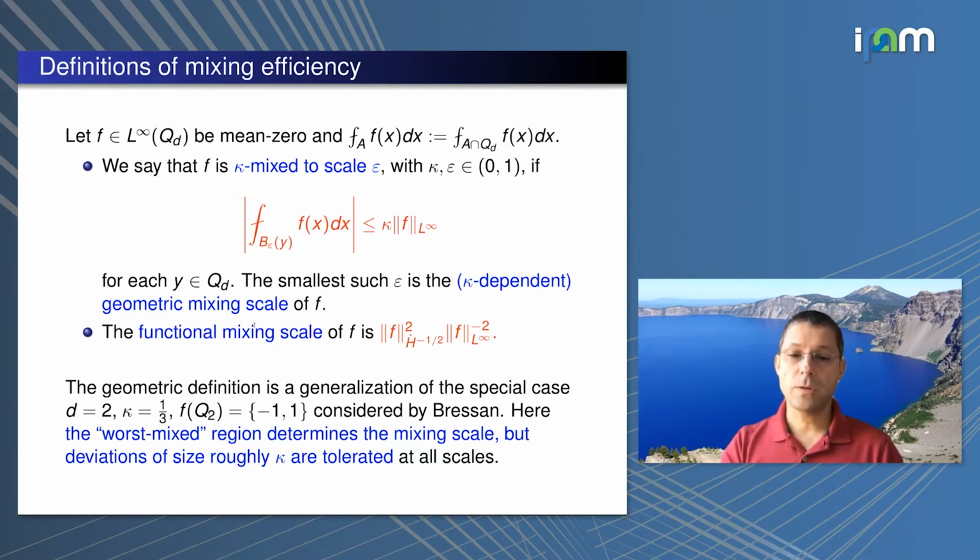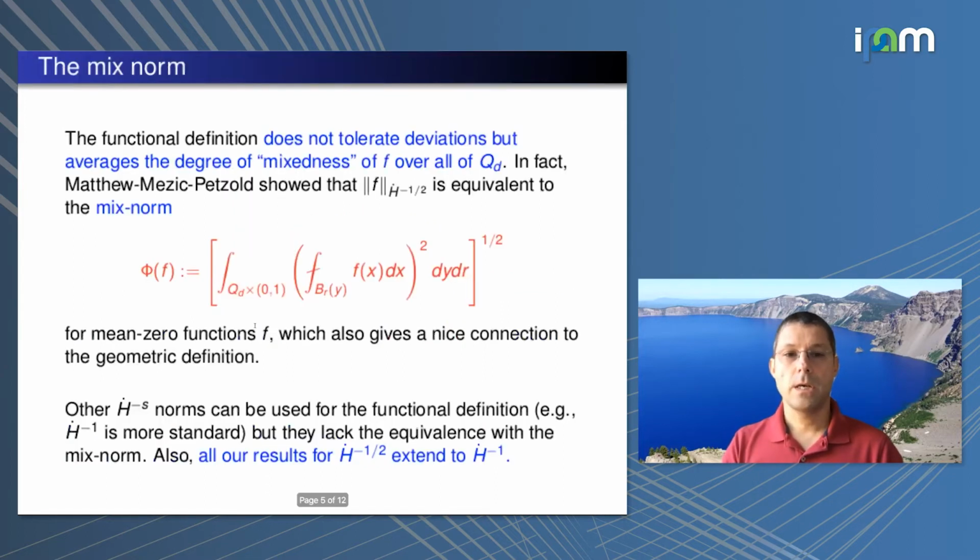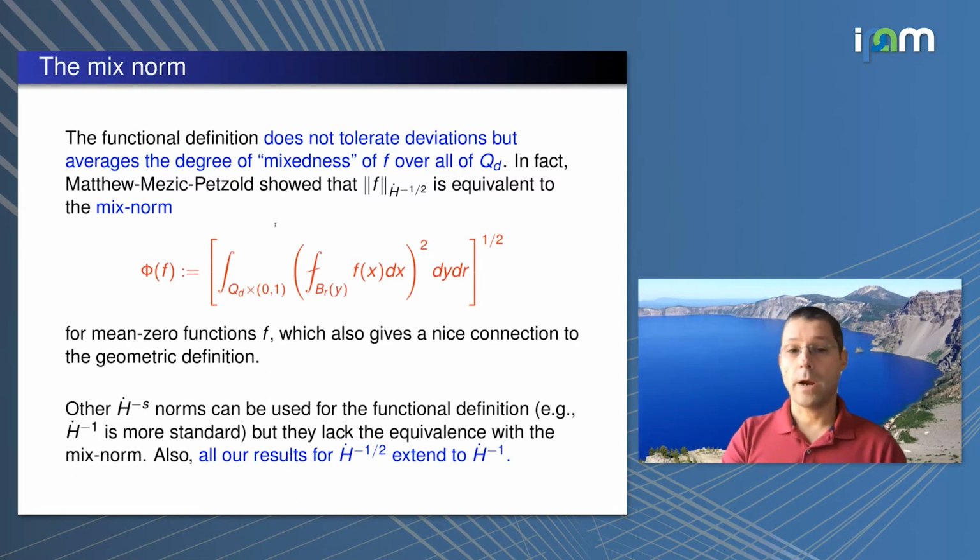On the other hand, with this functional mixing scale, you don't look individually at small areas, you sort of average out how well you are mixed, but then you don't tolerate these deviations that much, and you can see it in this relationship, which comes from a paper by Mathew, Mezić and Petzold, where the functional mixing scale, or the norm, is equivalent to the mix norm, which averages this degree of mixedness on small balls.